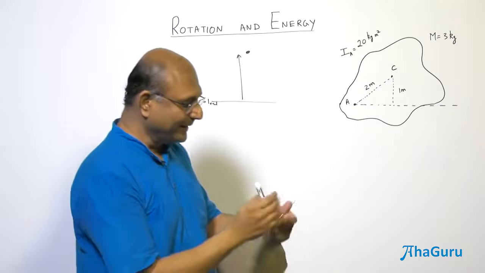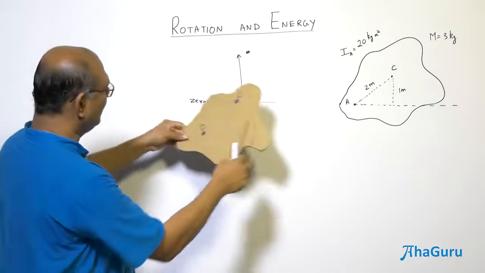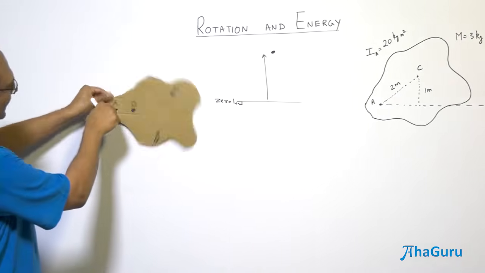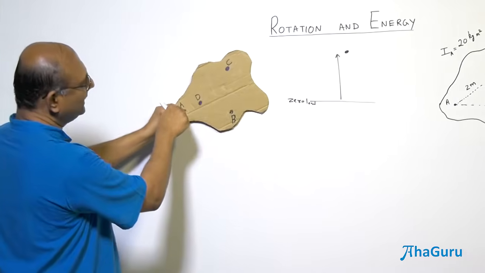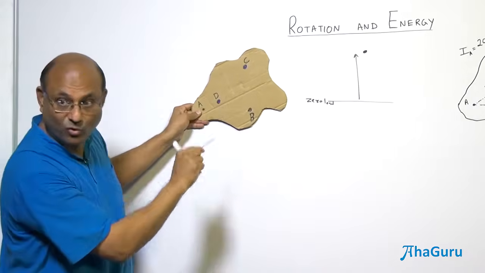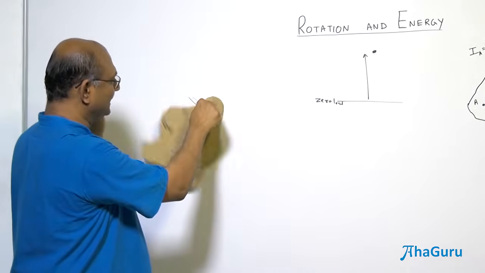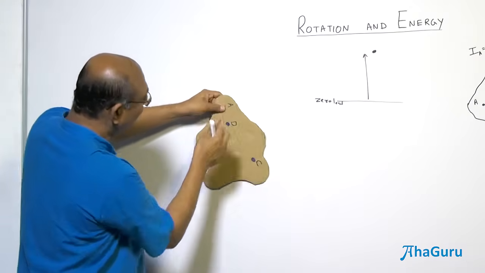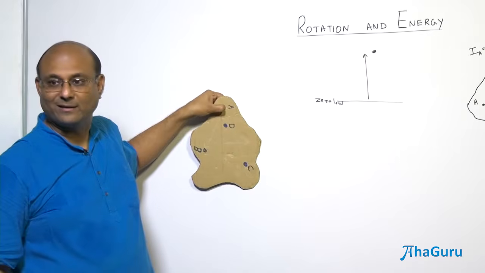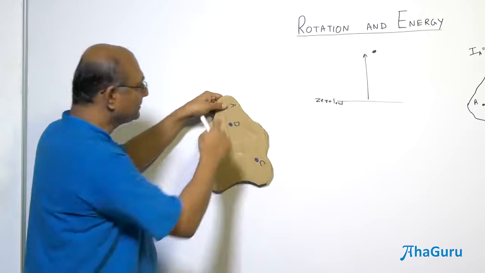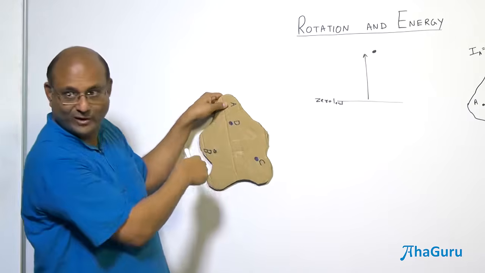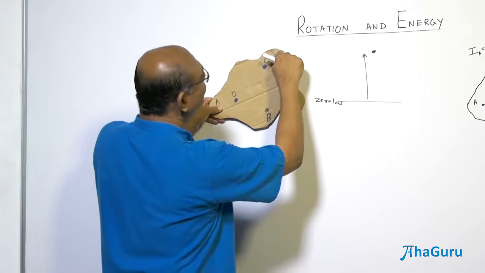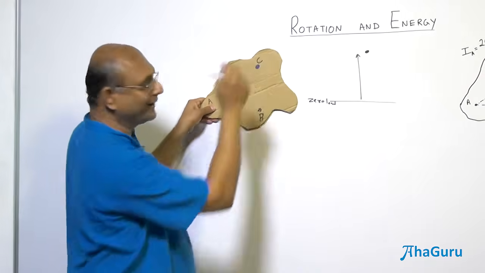But if I took something like this, and this fellow is going from here all the way there, the potential energy here is more than the potential energy when it is here. You understand it, but I can say the point A has not changed its height at all, right? Should I take this point's height for potential energy? No, right? Then you can say, well, let me take that point's height, but what is so special about that point?